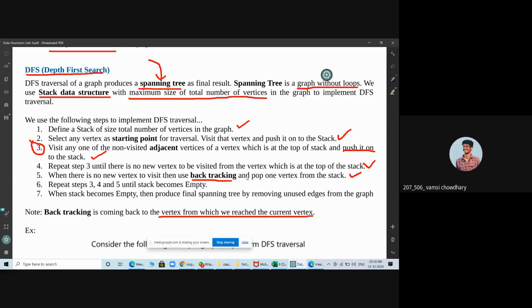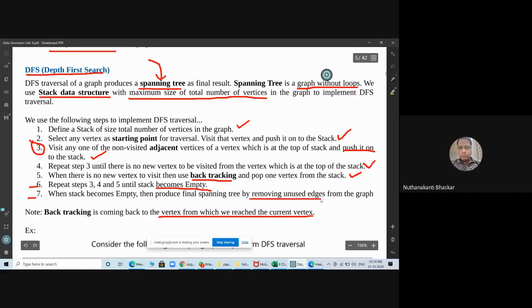Now coming to the sixth step, repeat steps 3, 4, and 5 until the stack becomes empty. You need to perform these continuously until the stack becomes empty. Once the stack is empty, the seventh step: we remove unused edges.